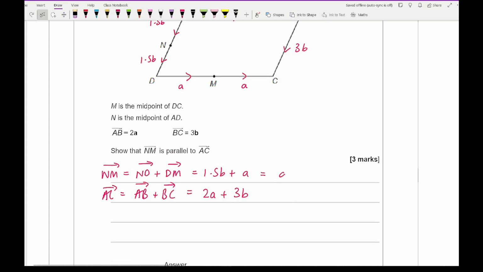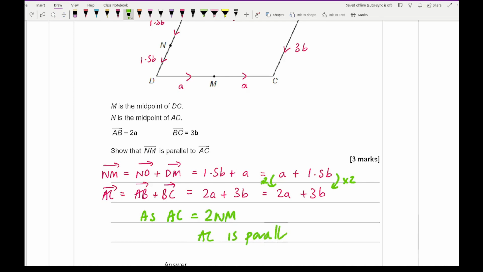So here if I write this as A plus 1.5B, and A to C is 2A plus 3B, then one thing I notice, I've got a common multiple. So if I times that by 2, then what I know is that as AC equals 2 lots of NM, AC is parallel to NM.